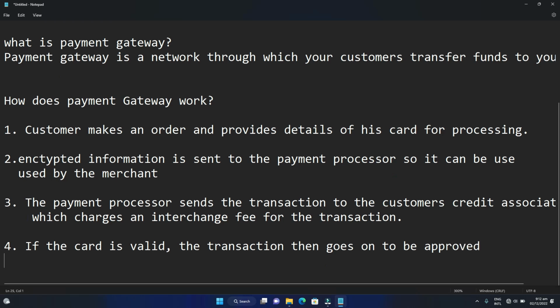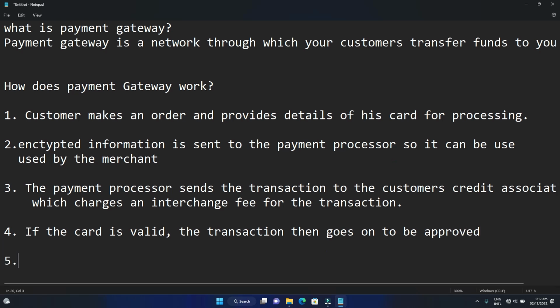It's very simple. Now, what's the last step? The last step is also simple. The transaction is authorized, and this information is sent back through the chain in reverse. However this happened, it will just reverse and go back. So you receive a receipt or something. I'm trying to make things as simple as possible.